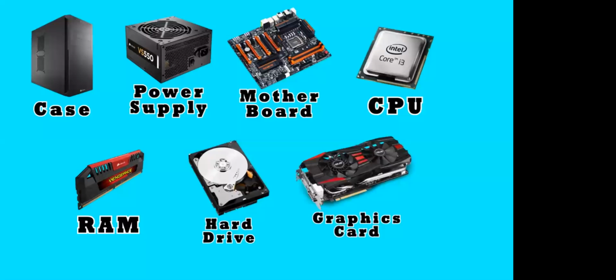Okay, so we use the power supply to give the required amount of power to the hardware components like CPU, motherboard, RAM, hard drive, graphics card. They need power to do their work. So we use power supply for that.